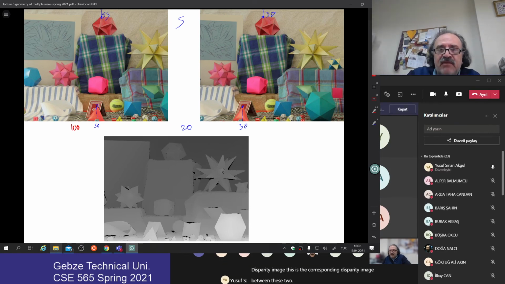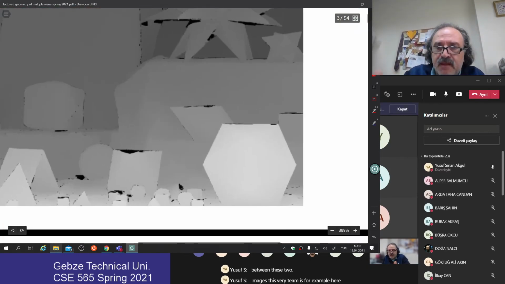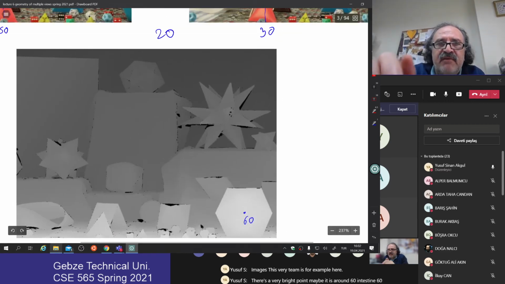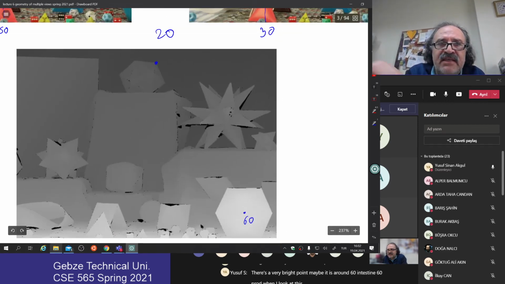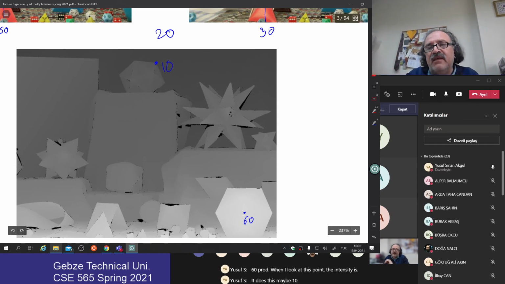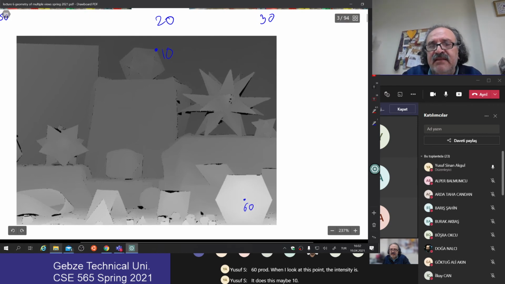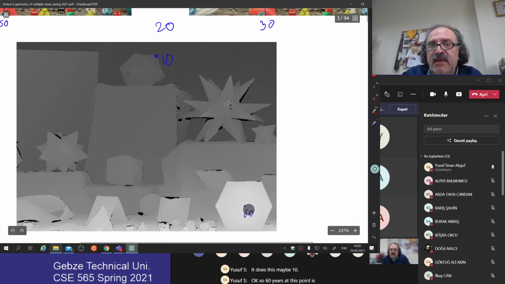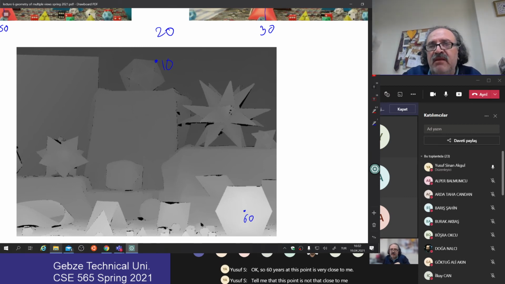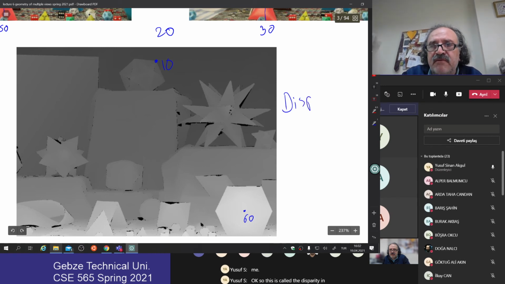For example, here, this is a very bright point, maybe its intensity is around 60, but when I look at this point, the intensity is maybe 10. So 60 means that this point is very close to me. 10 means that this point is not that close to me, it is away from me. So this is called the disparity image.